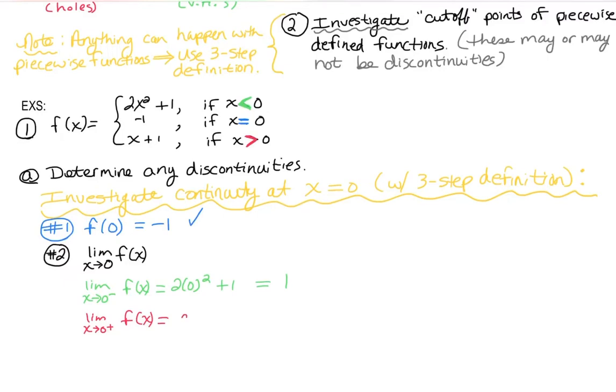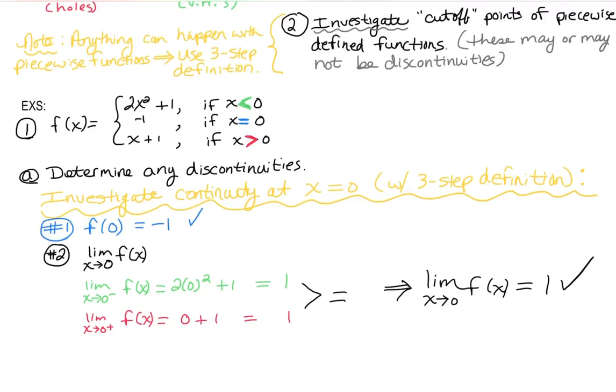That would be 0 plus 1, which is also 1. Because these two are equal, my overall limit does exist. The limit as x approaches 0 of f of x is equal to 1. So we pass step number 2.